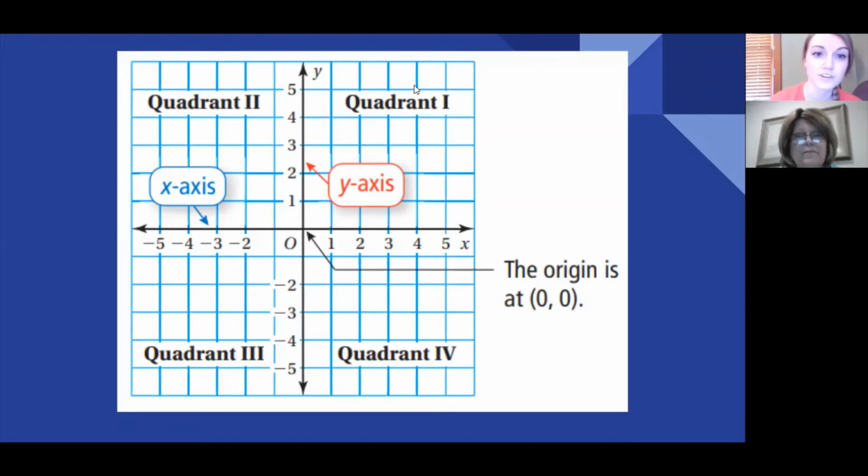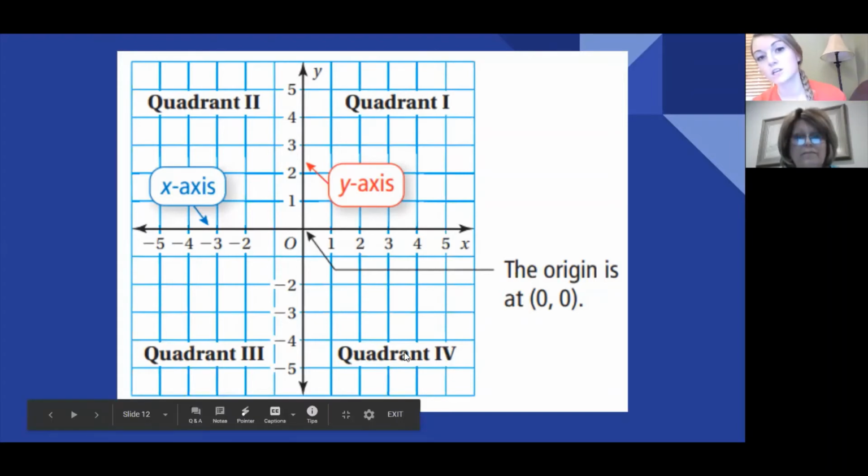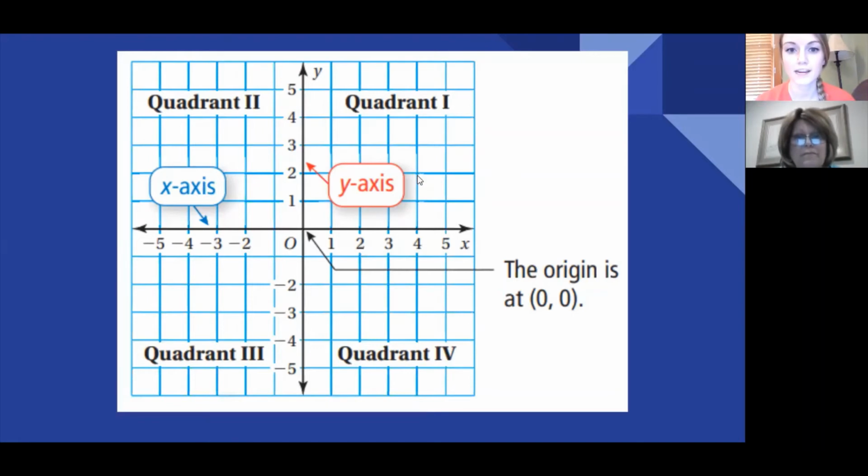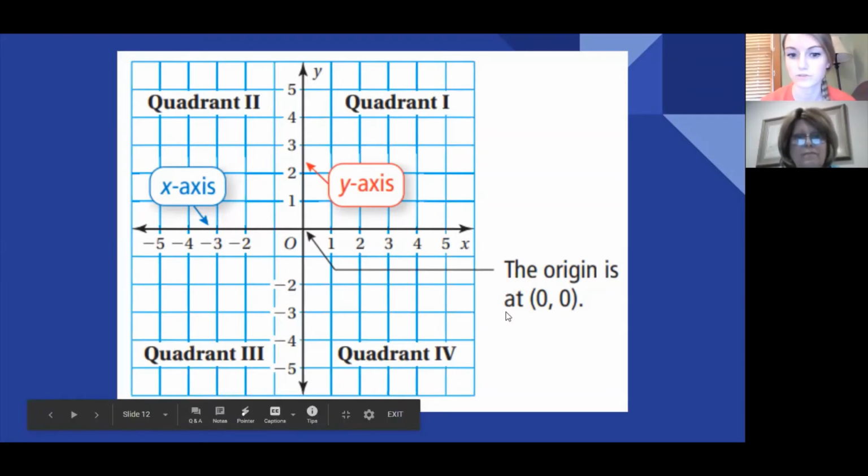So the next one over here on the left is going to be 2. Down here is quadrant 3. And then back over here is quadrant 4. So you might be asked questions, it might be a point like right here at 4, 2, and it might say, what quadrant is that point in? Well, you would say that was in quadrant 1, however it worked for you.